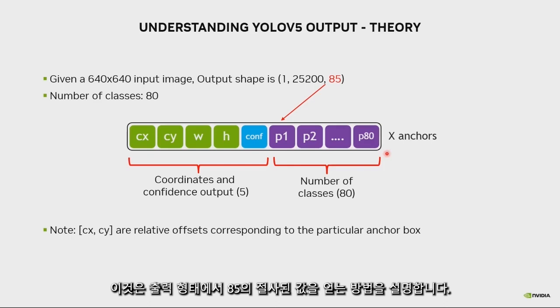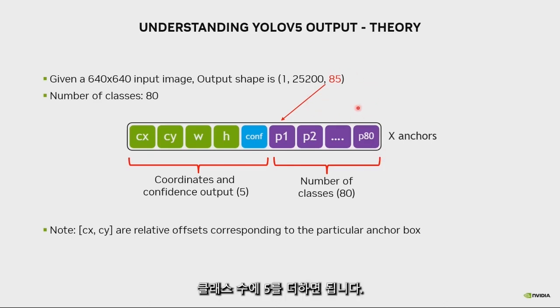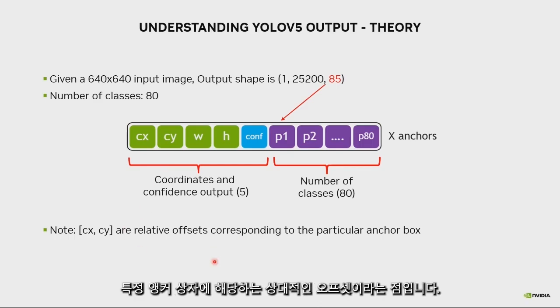That explains how you get this last value of 85 in the output shape. It's your number of classes plus 5. It's important to note here that Cx and Cy are not the actual final coordinates of the bounding box, but the relative offsets corresponding to a particular anchor box.